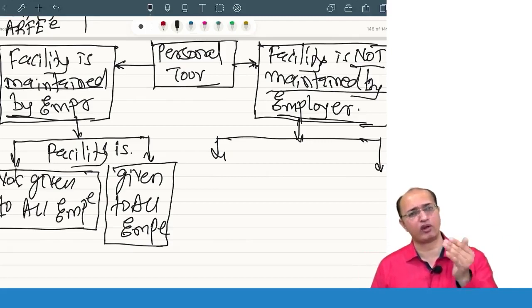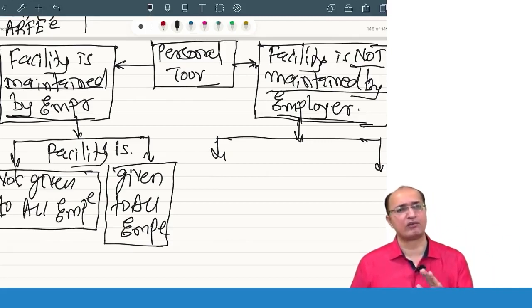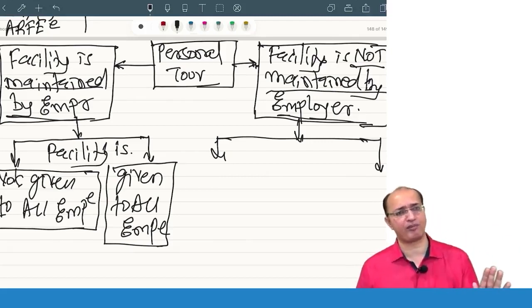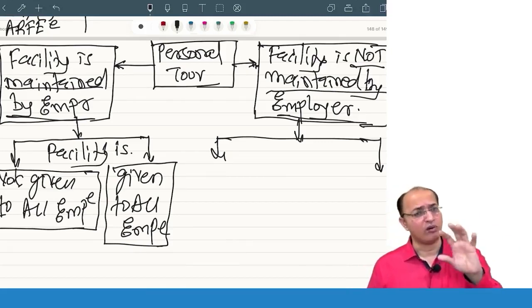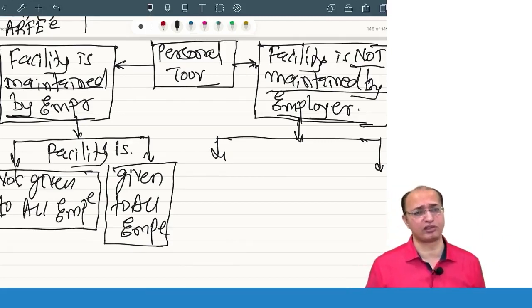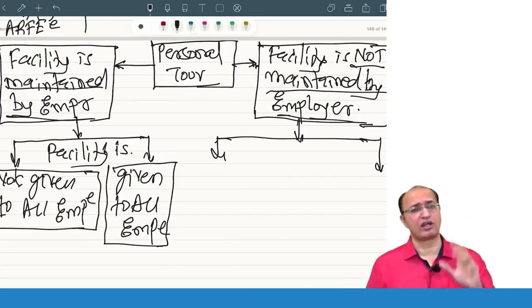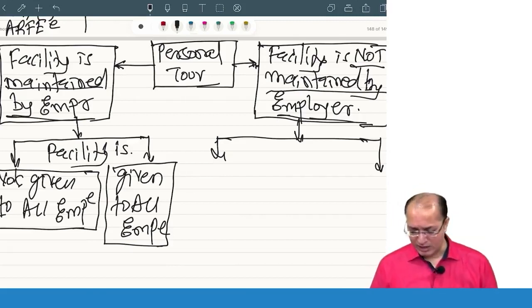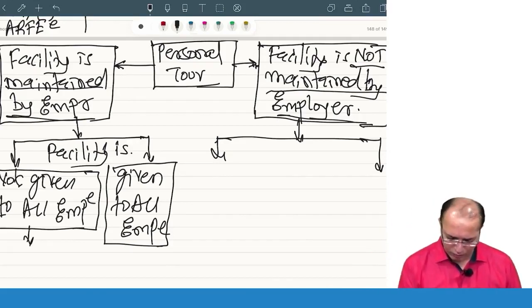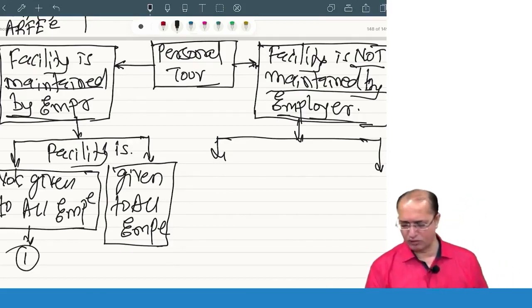Those working at a lower level have not been provided the facility. They have provided the facility only to a specified group of employees, special employees working at a higher designation. In that case, we say that facility is not given to all employees.